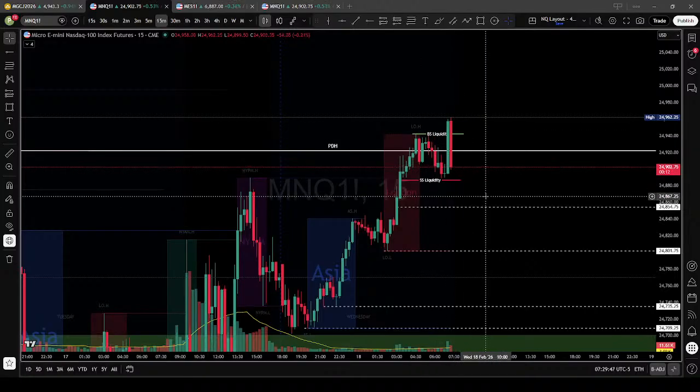So on 15 minutes, you can say London high taken, London low is still open, Asia high has been taken, low is still open, and price gave sharp rejection above London high.